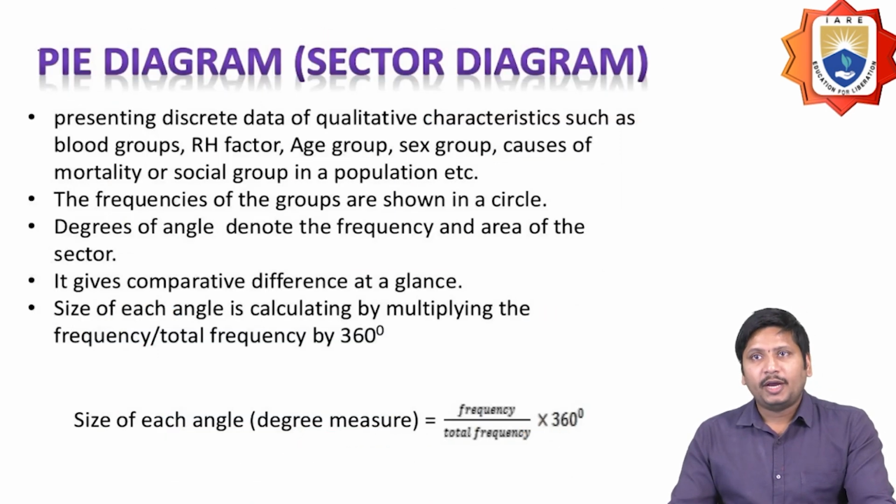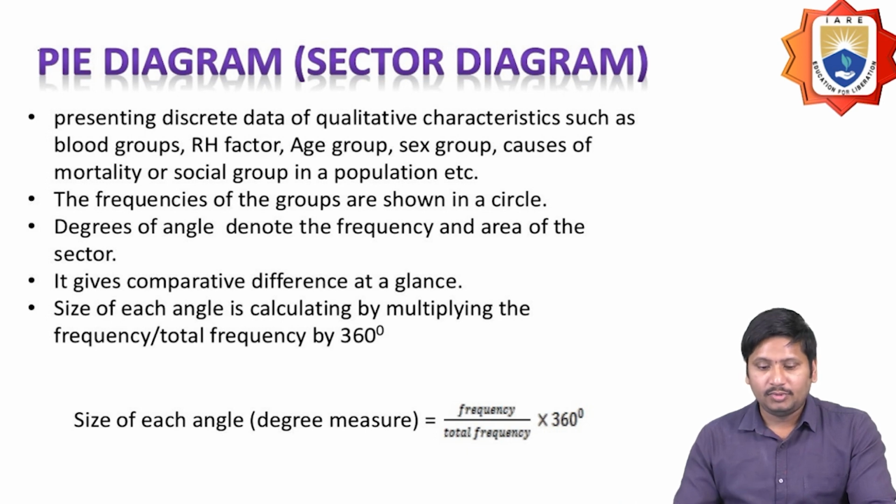And next is the pie diagram. The pie diagram is otherwise called the sector diagram. It represents discrete data of qualitative characteristics such as blood groups or RH factor, age group, sex group, causes of mortality, or social group in the population.